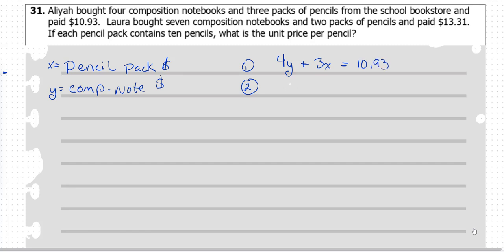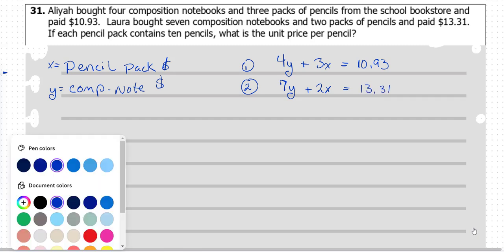Laura brought 7 composition notebooks, so 7y plus 2 packs of pencils, so 2x is equal to $13.31.